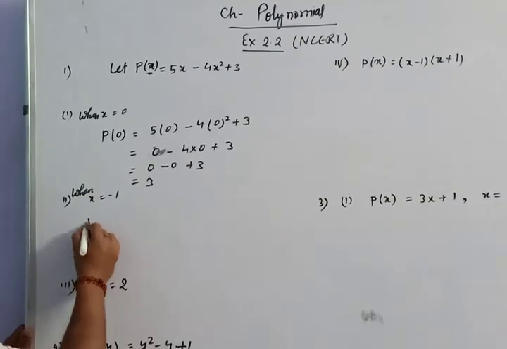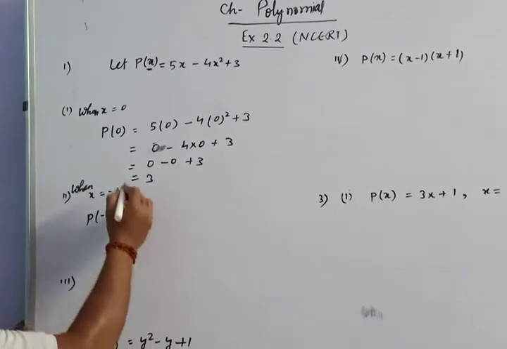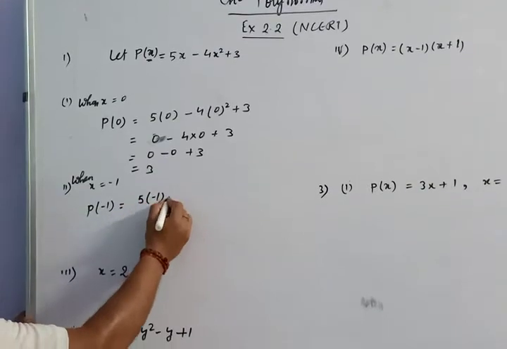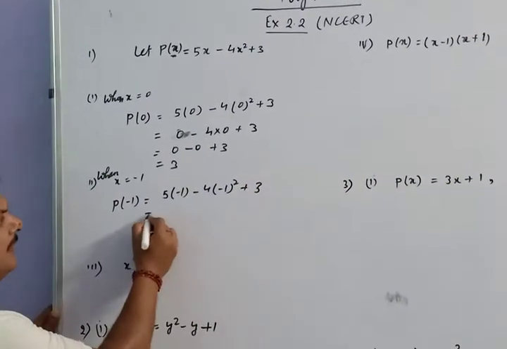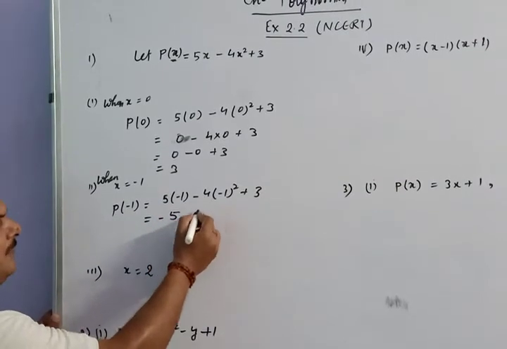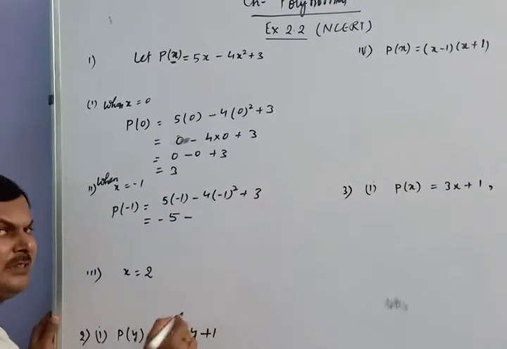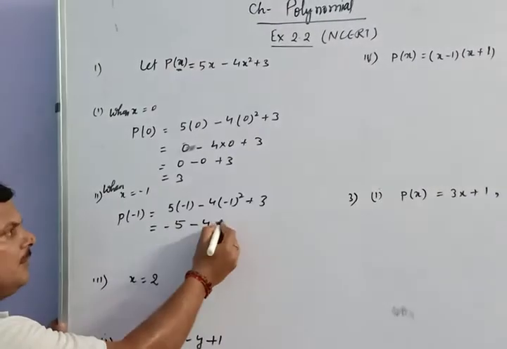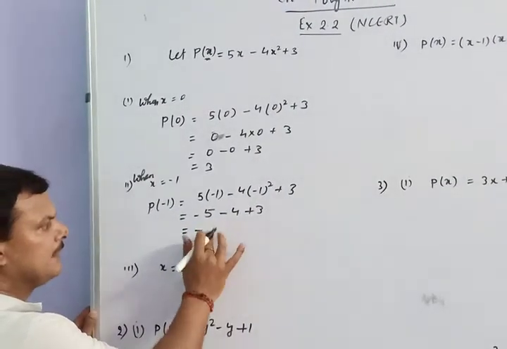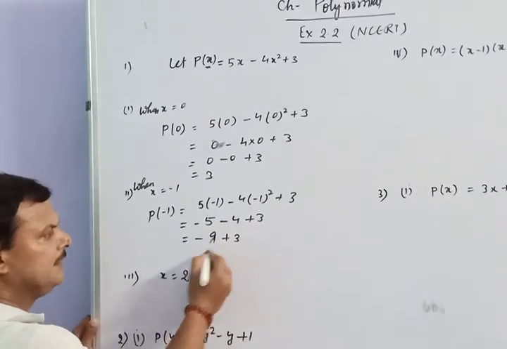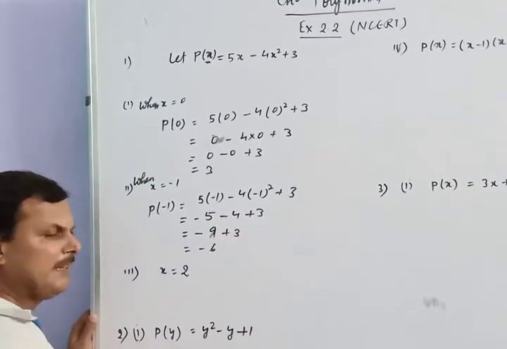We will do it in the same manner, p(-1). We substitute -1, then 4 into (-1) square, then 3. Solve it: -5, 4 into 1, (-1) square is 1, 4 times 1 is 4, plus 3. It will be -9, -9 plus 3. Subtract it, the answer will be -6.